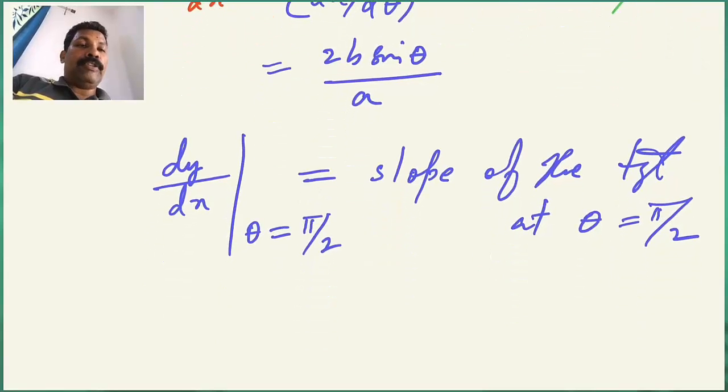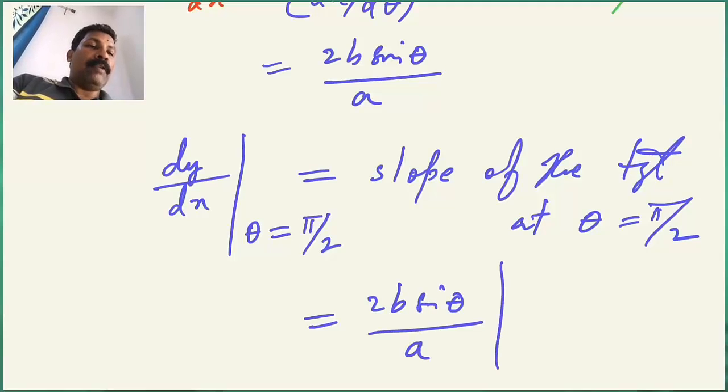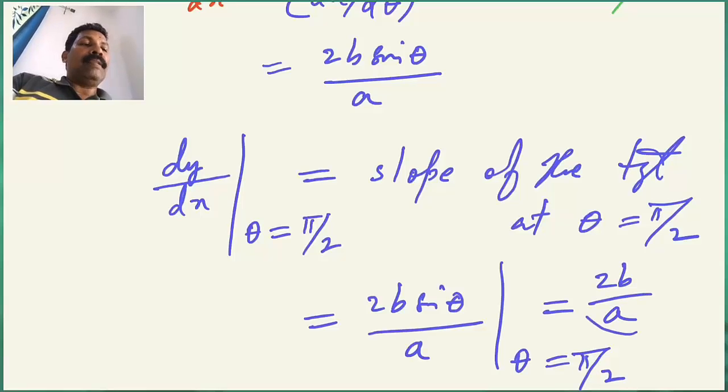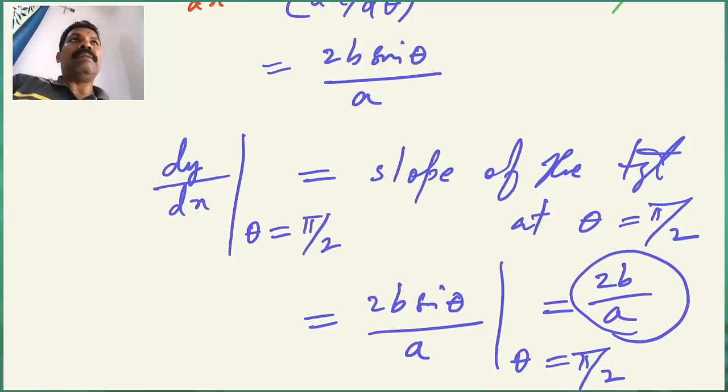That is 2b sin theta divided by a. That is very simple, because when theta is equal to pi by 2, sin theta becomes 1. So we have 2b by a. That is the slope of the tangent.